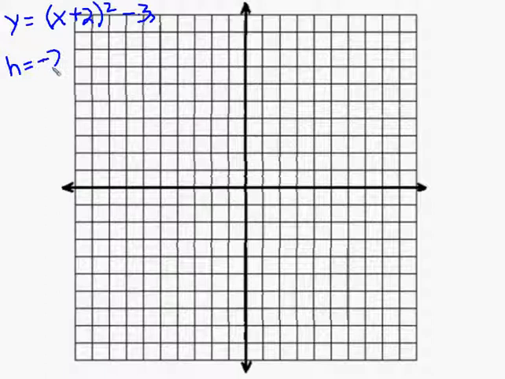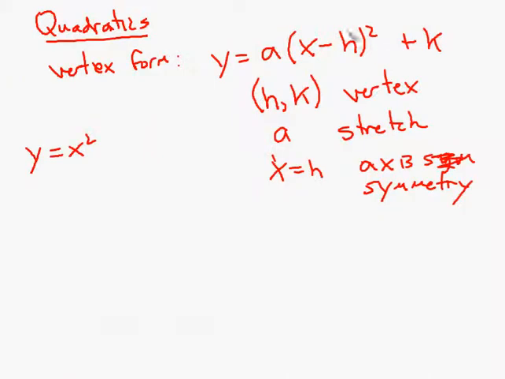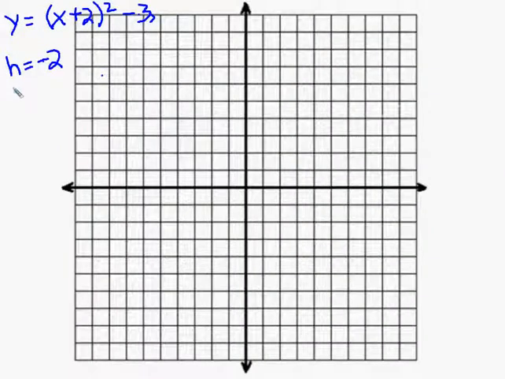Careful. Negative 2. Because in our vertex form, just like with absolute value, do you see this symbol right here? I have to switch the sign. So we switch the sign on h, not on k, just on h. So h is negative 2. What's k?